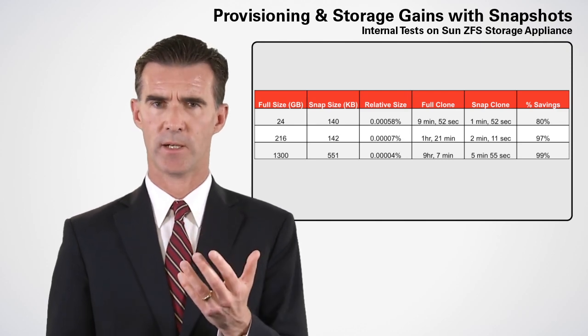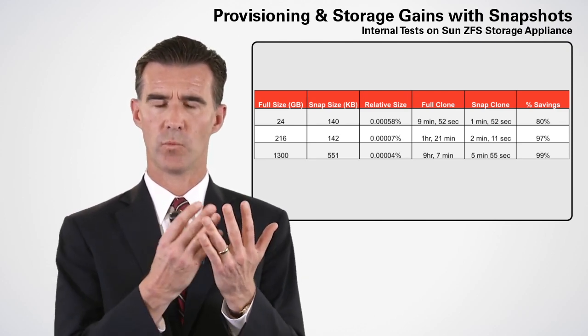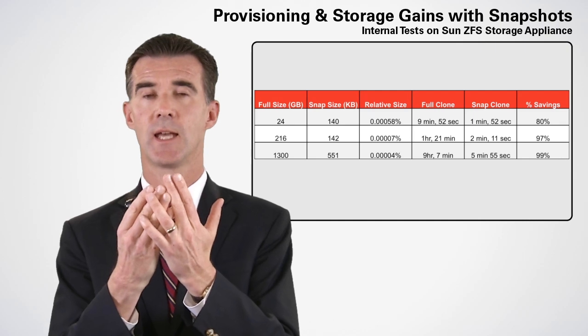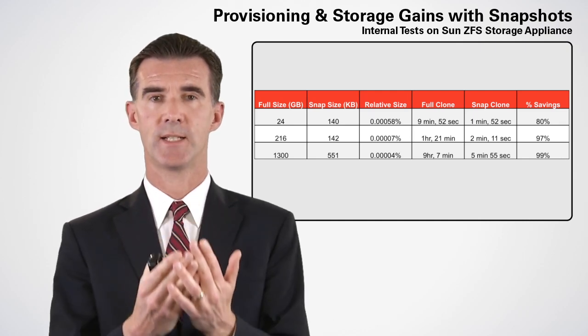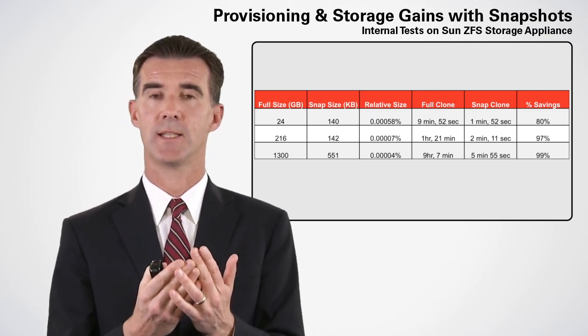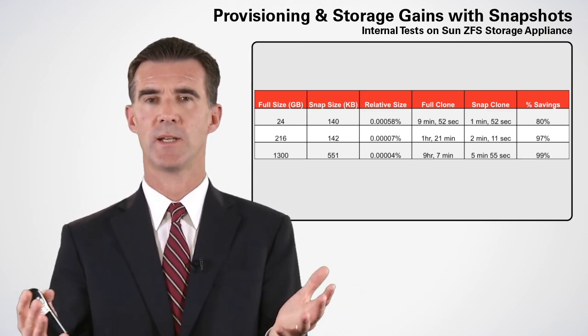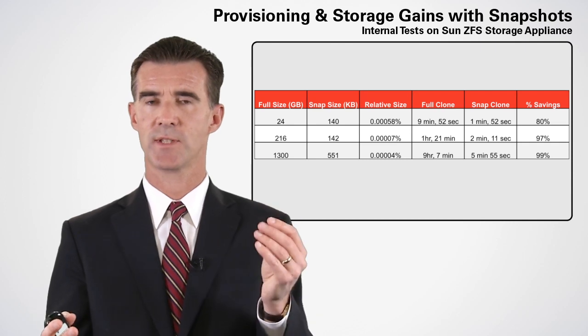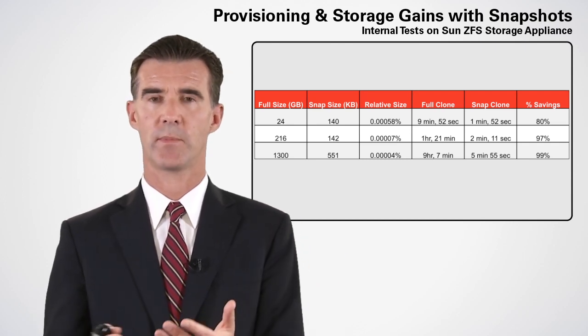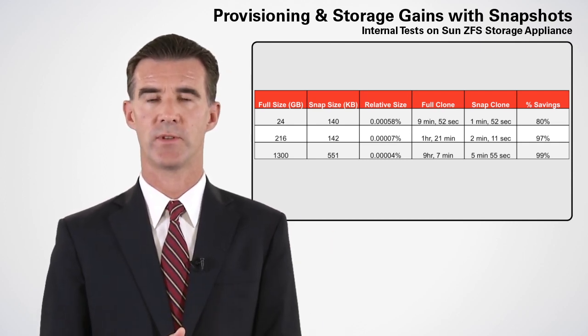That's incredibly fast performance. Taking a 1.3 terabyte database and creating a snapshot, a copy of that in 6 minutes. That's the time taken to get a cup of coffee. If your database isn't provisioned in the morning, you self-service provision this thing. By the time you've come back from the cafe, there is your database ready to be used.